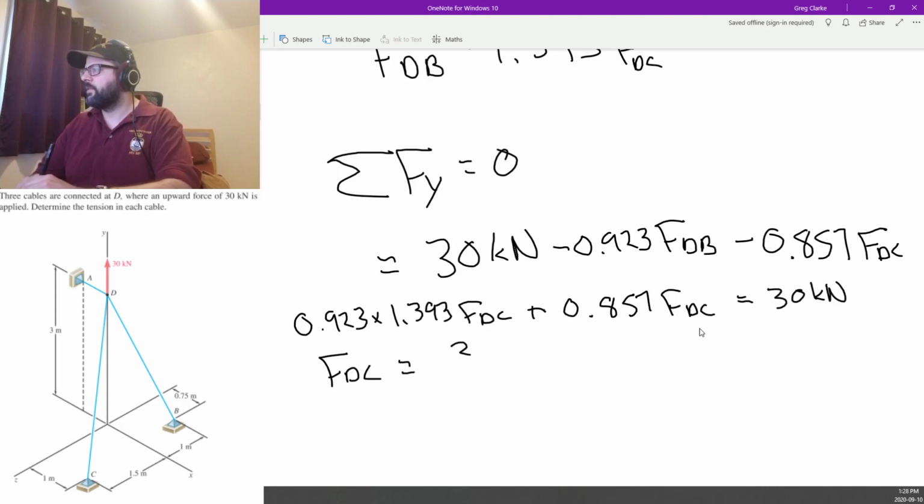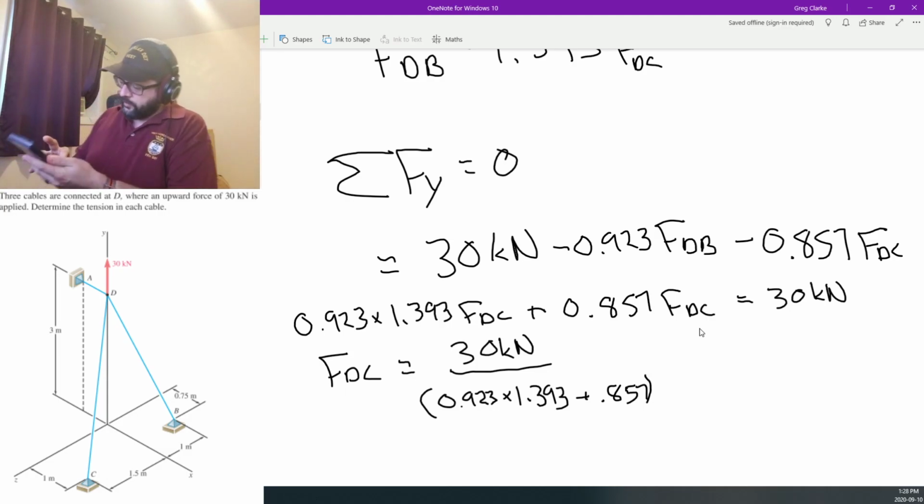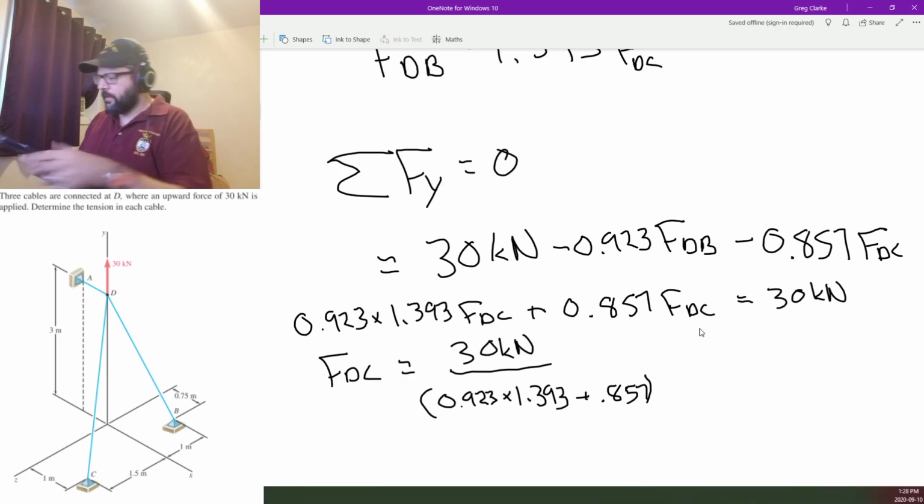FDC is going to be equal to 30 kilonewtons divided by 0.923 times 1.393 plus 0.857. So 0.923 times 1.393, and then plus another 0.857.